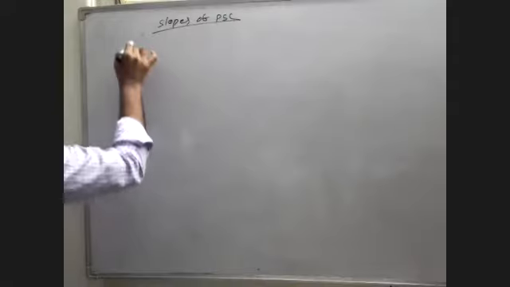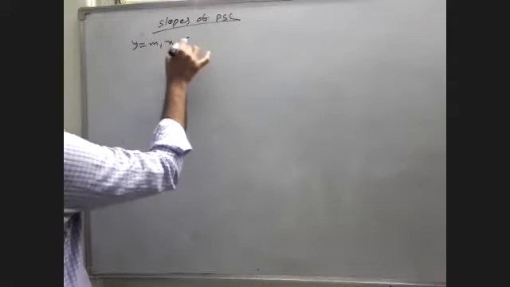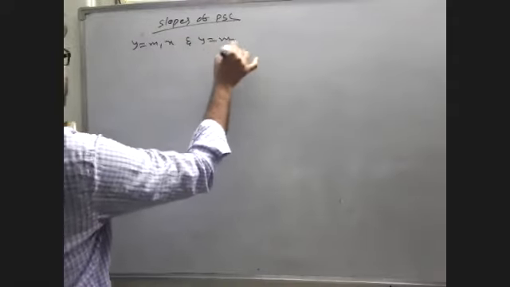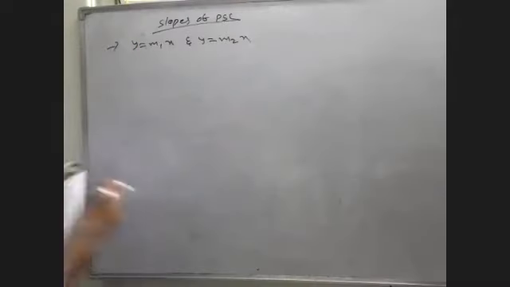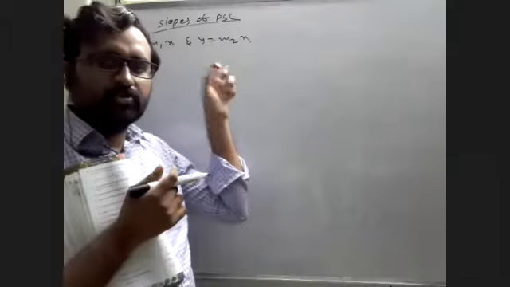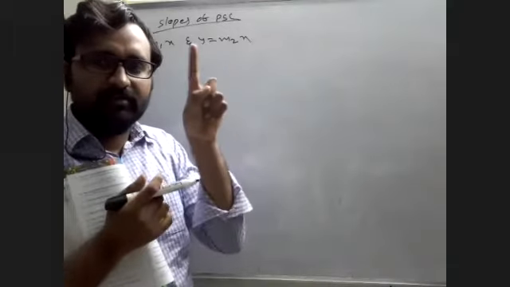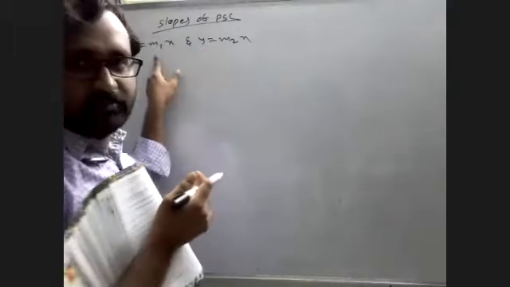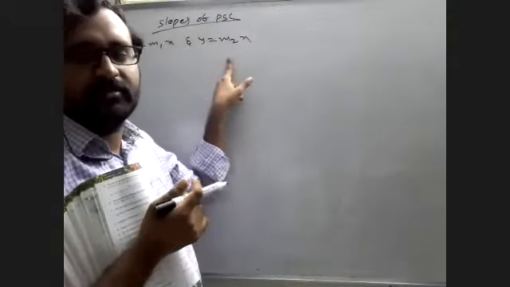The first one, if y equal to m1x and y equal to m2x, these two are separate lines. By multiplying these two also we will get a pair of lines. Here m1 is the slope of this line, m2 is the slope of this line.